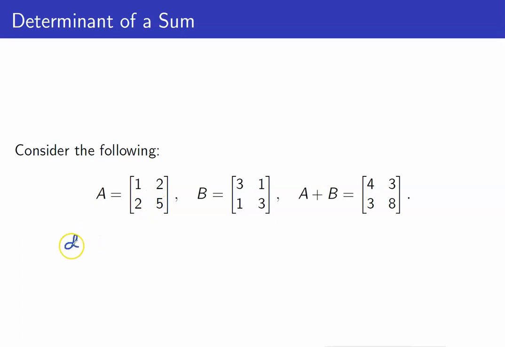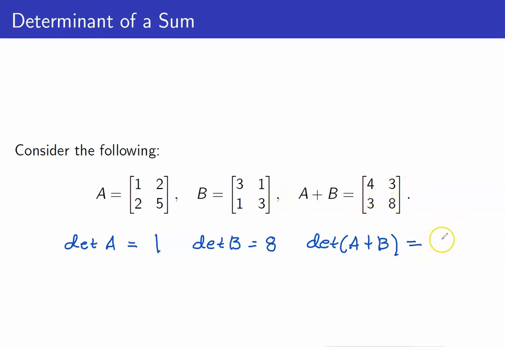Next, let us investigate the determinant of a sum. Let us compute the determinant of each matrix here. The determinant of A here is 5 minus 4, that's 1. The determinant of B is 9 minus 1, that's 8. And the determinant of A plus B is equal to 32 minus 9, that is 23.